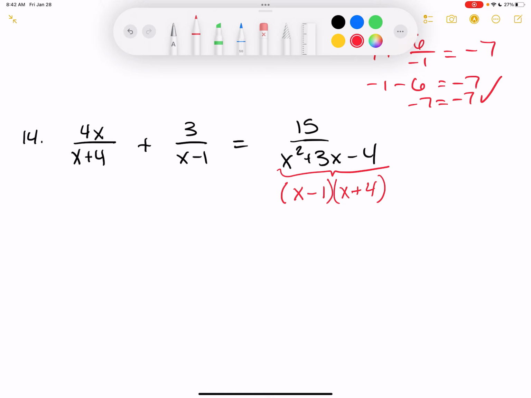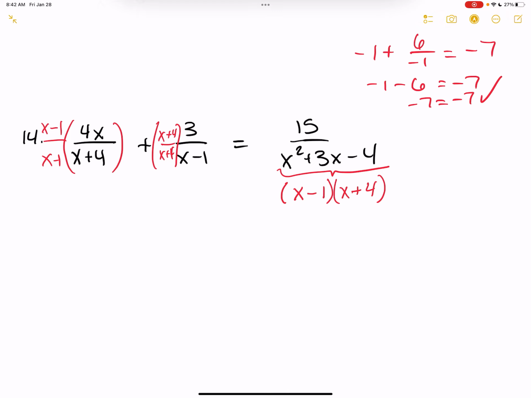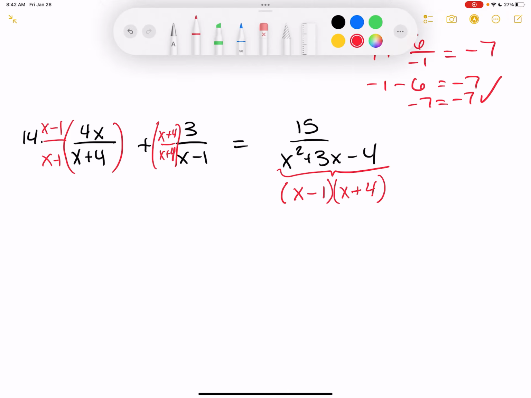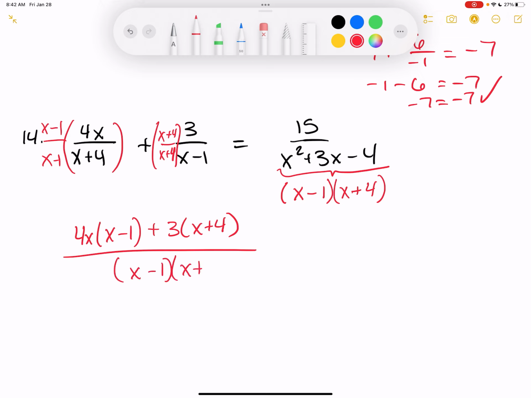Well, so I'm going to multiply this one by x minus 1, and then multiply that one by x plus 4. And then on top, I wrote the wrong ones. Oh, no, I didn't. X minus 1 and x plus 4.